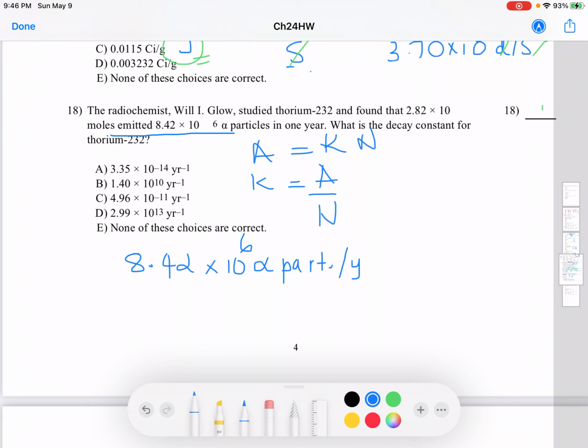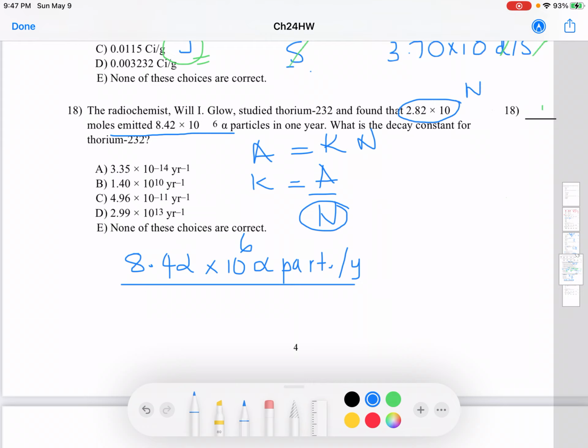Okay, and 2.82 into 10 moles emitted 8.42 into 10 to the power 6 particles, that's the activity, and then the N is the number of nuclei, and that is going to be this one.